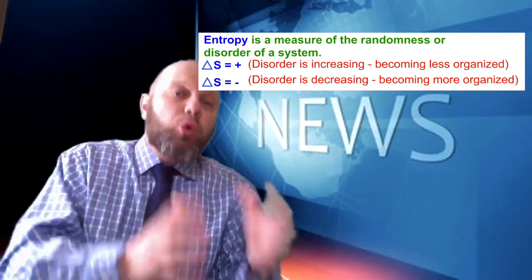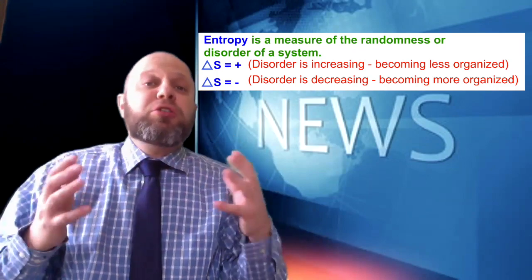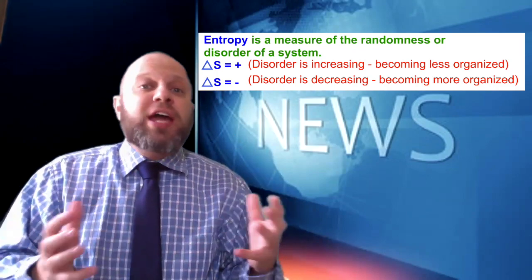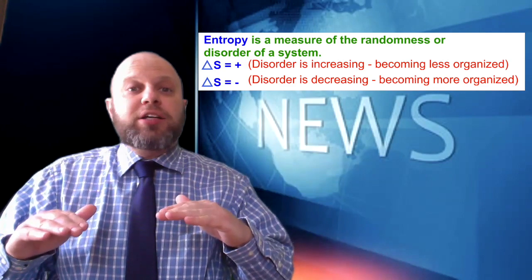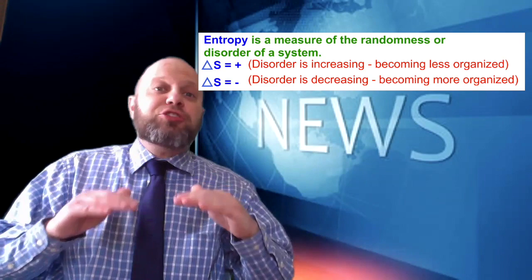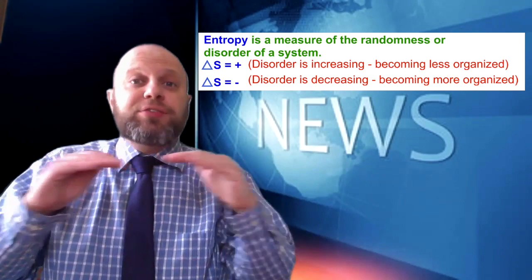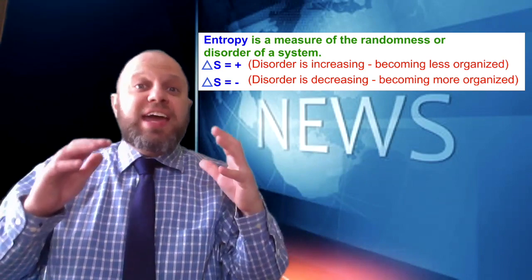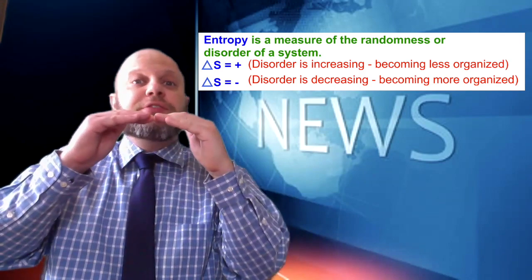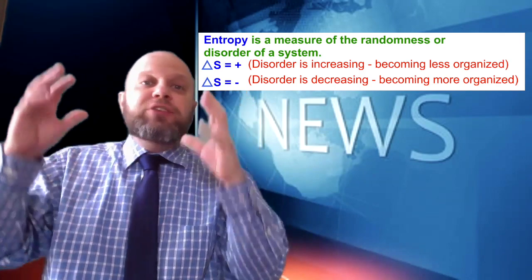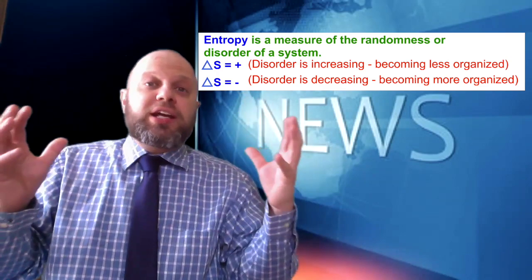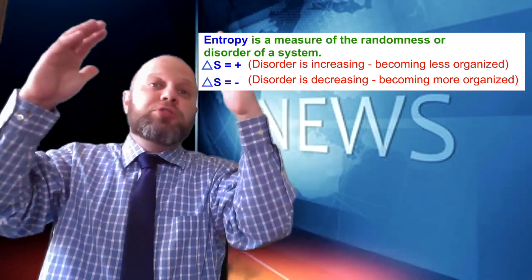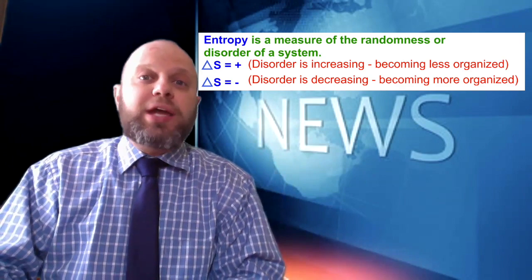So if we were to organize all phases of matter in terms of randomness, we would actually start off with the lowest being a solid. Then we would move up to a liquid of that same material. Then we would move into an aqueous solution, because an aqueous solution has two different components to it. That's a little bit more disorganized. And then finally, the most disorganized would be our gas, way at the top.